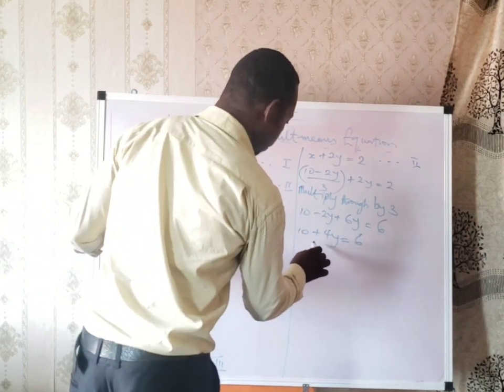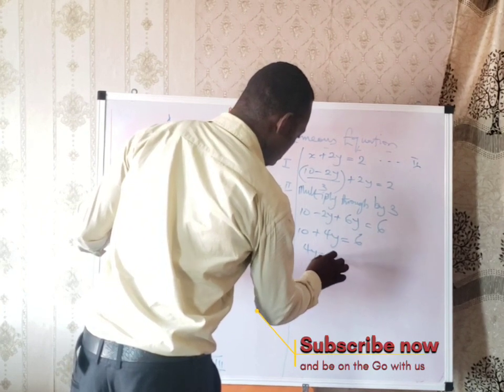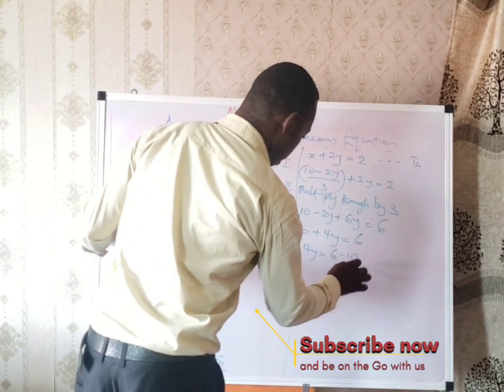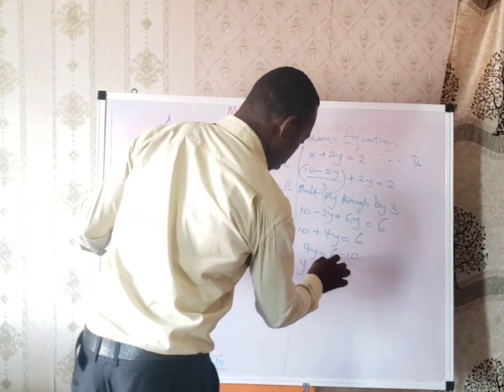With this, we cross the equality sign: 4y equal to 6 minus 10.